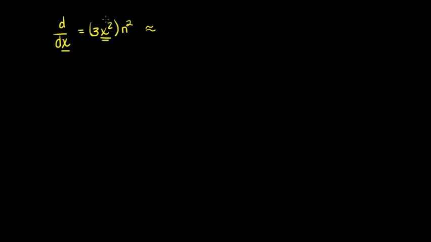So this will give me, multiply your 2 down, 6x, 2 minus 1 for the power, which is just 6x, and n squared does not change because we are not differentiating in terms of n. So this is Leibniz notation, and it can get kind of confusing, but really try working with it. It will help you immensely in courses to come.